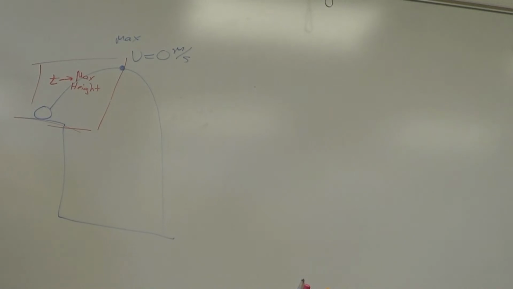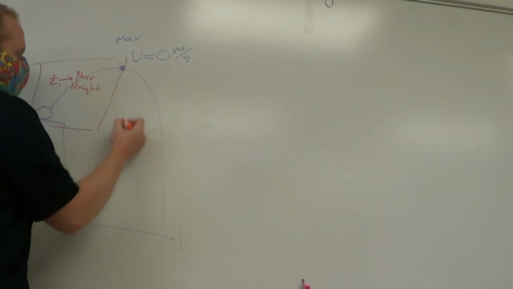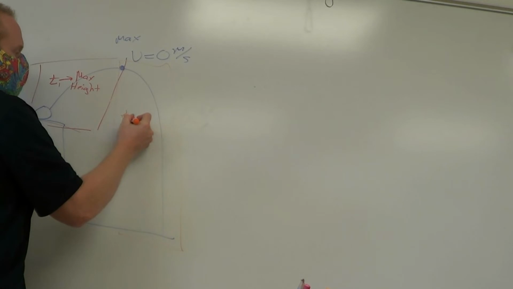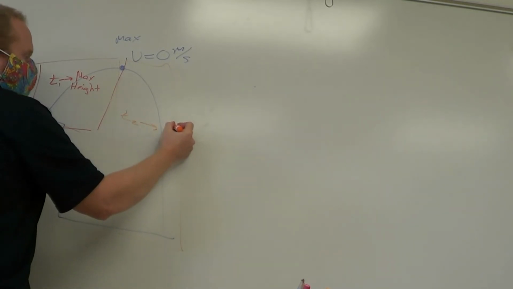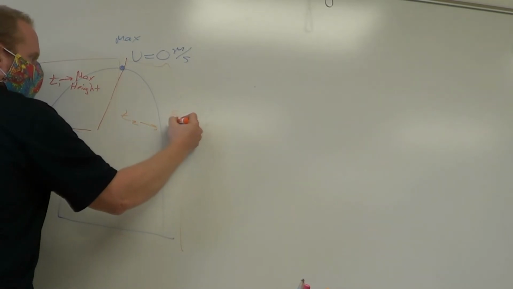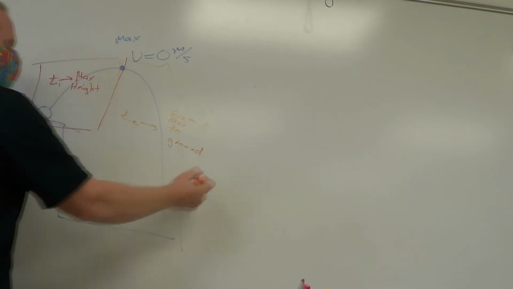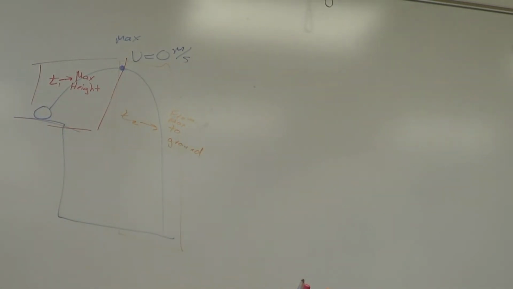Okay, we could call that T1. Then I could solve for the time it takes to go from max height, time 2, from max to ground. And then when we add those two together, we'll get total time in the air.